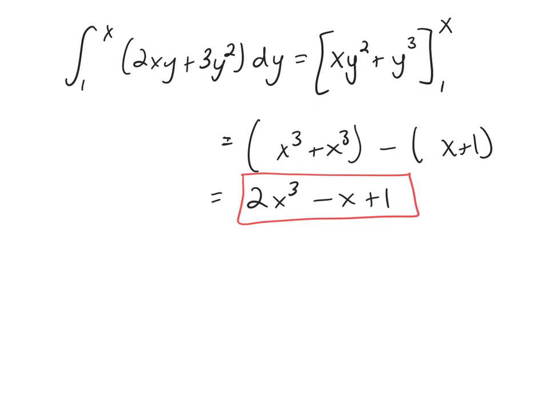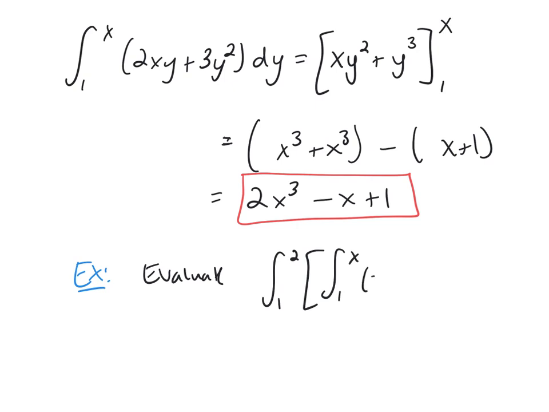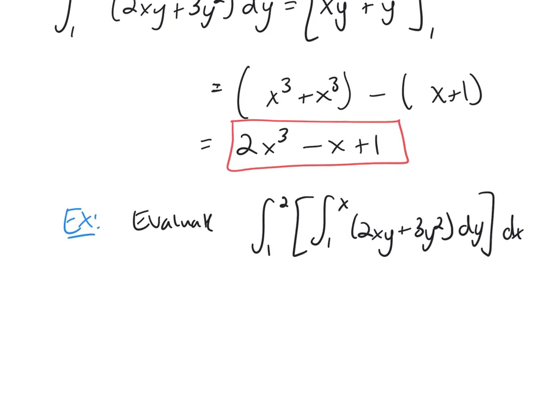All right, so let's take this another step further now and look at the following example. Let's evaluate the integral from 1 to 2, the integral from 1 to x, 2xy plus 3y squared dy dx. Now notice the integral inside of this bracket.